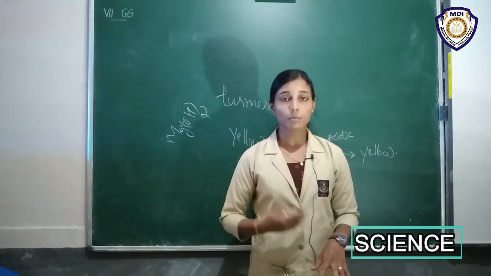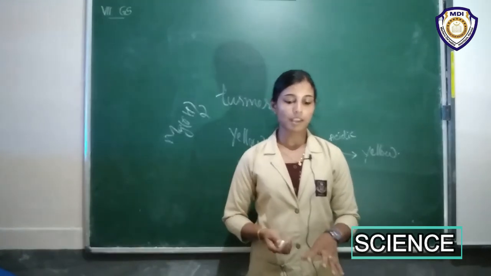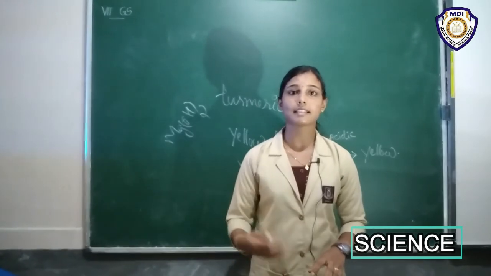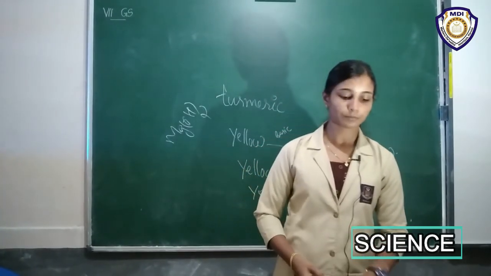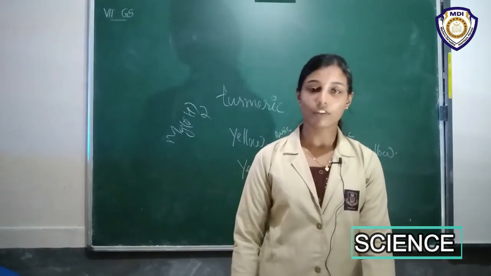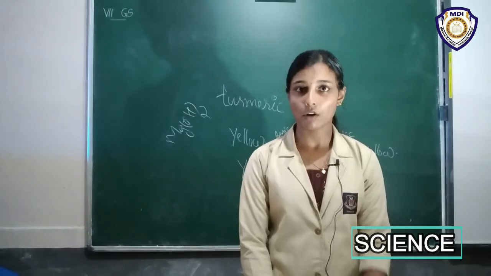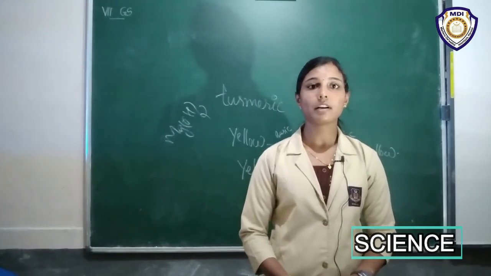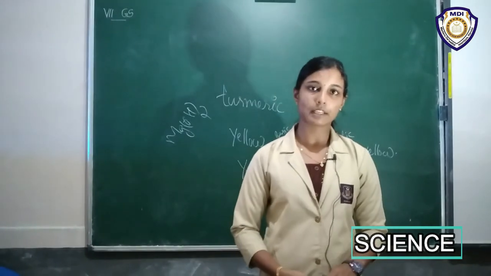One more natural indicator remains, that is the China rose indicator. We will discuss that in the next class. So you should complete tables 5.2 and 5.3. This is homework. You should write the tables into your notebook and complete them.